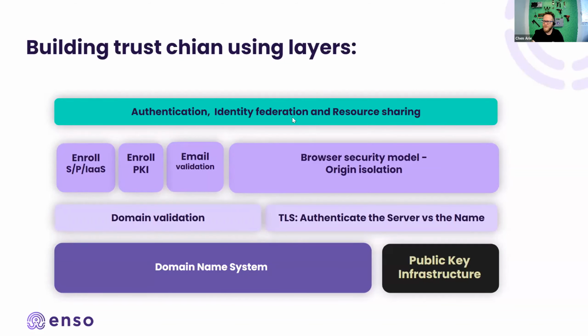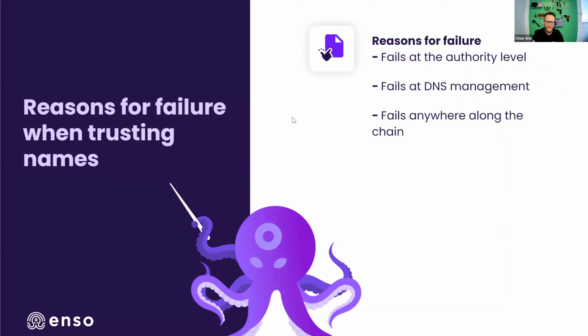But of course, no trust system is resilient to everything. And in fact, this combination has been challenged in many different ways. And of course, it has many possible failure points. We can talk about root level failures, or failures on the authority level or at the system level.